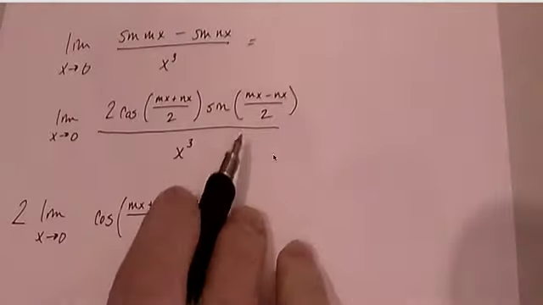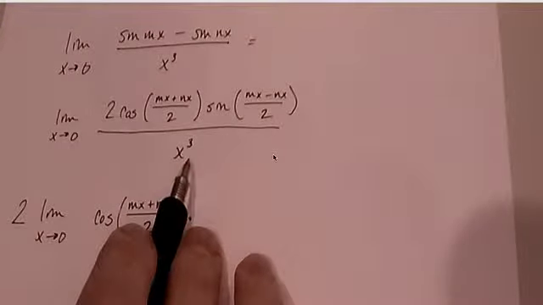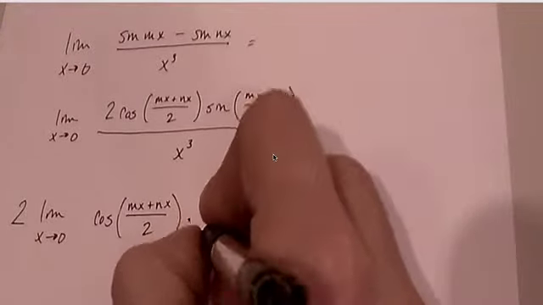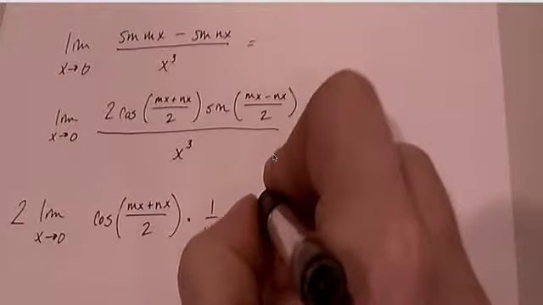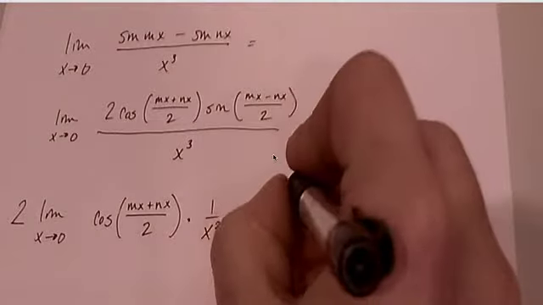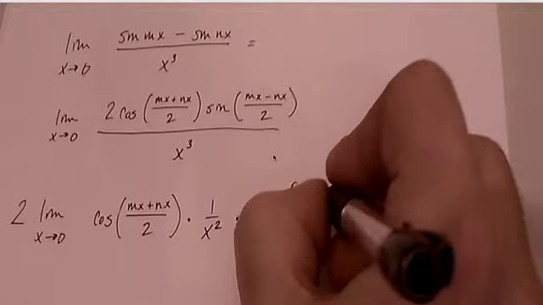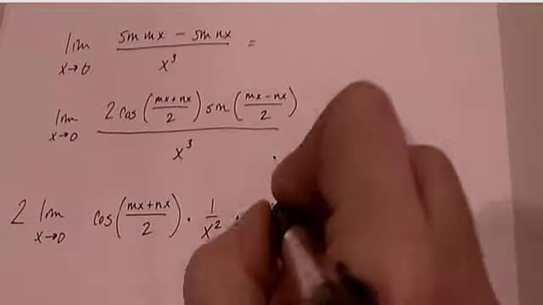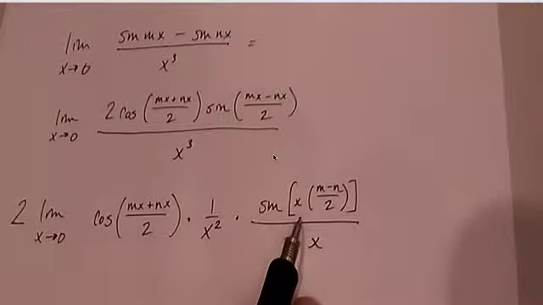I know that this sine expression is going to require one of these x's. But the other two can just sort of come along as 1 over x squared. And then I'm going to have sine, and I'm going to go ahead and factor the x out of here, okay, just so that it looks nice and tidy. M minus n over 2, and that is my angle measurement expression.